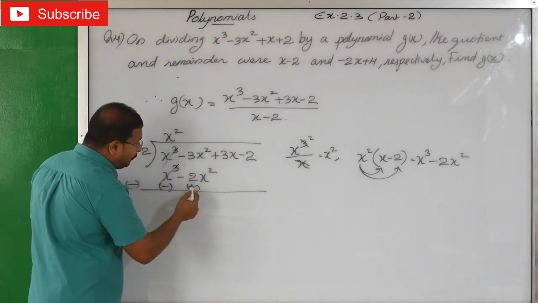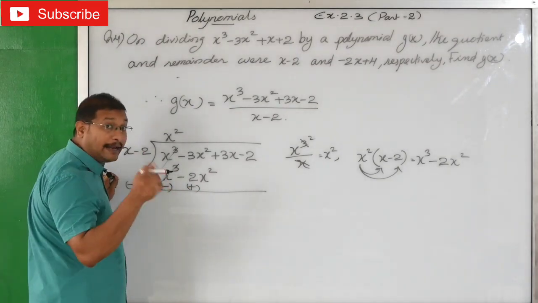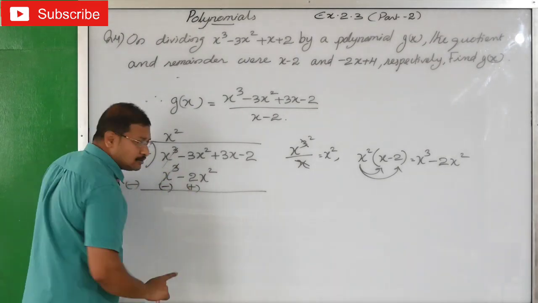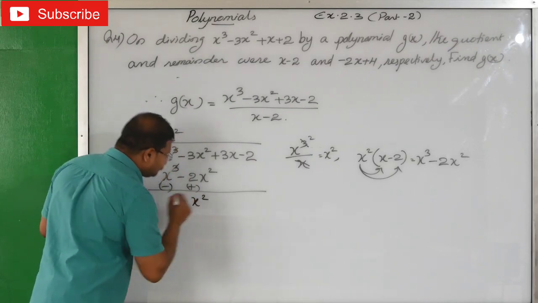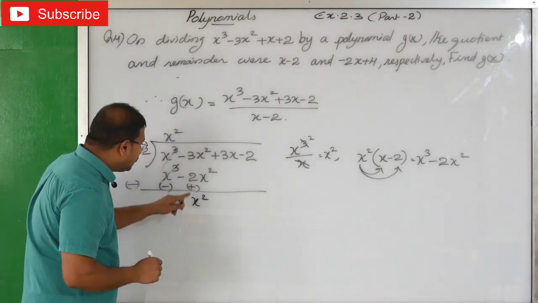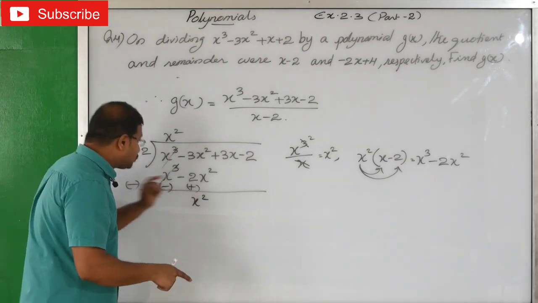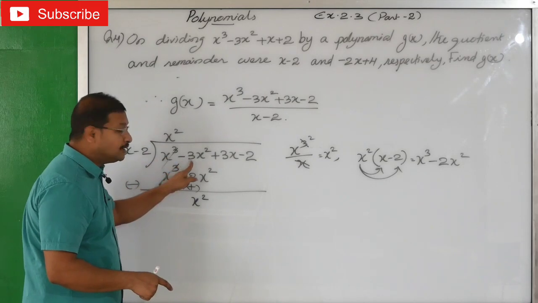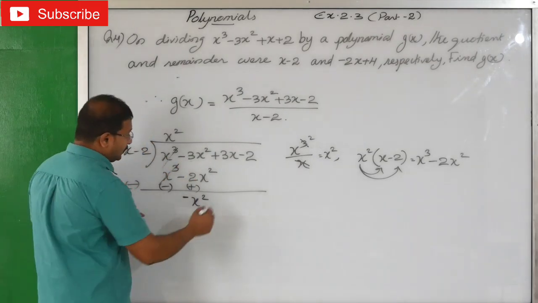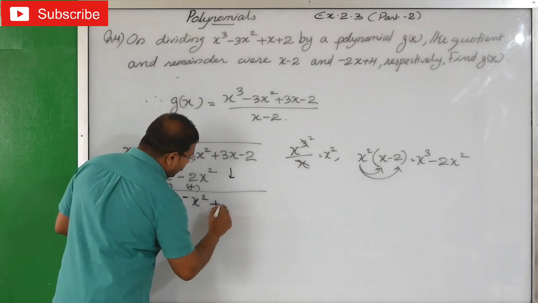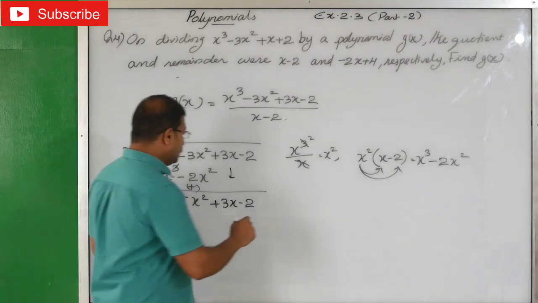Minus 3x square plus 2x square. That means plus and minus, what you will do? Minus. So 3 minus 2, 1. That means 1x square, otherwise x square. See, 3x square minus 2x square will get 1x square. After that, the bigger number is 3, its sign is minus. So minus x square. Then this 2 will bring down. Plus 3x minus 2. Ready?